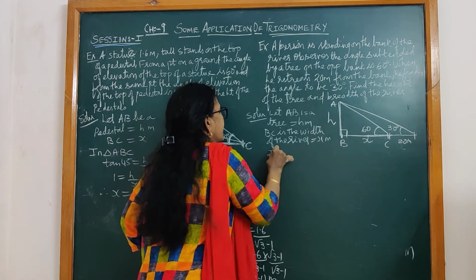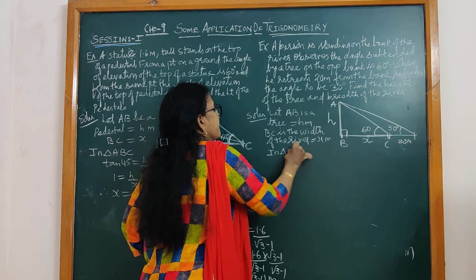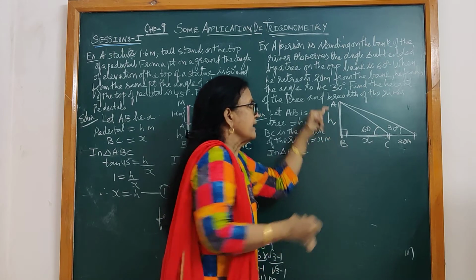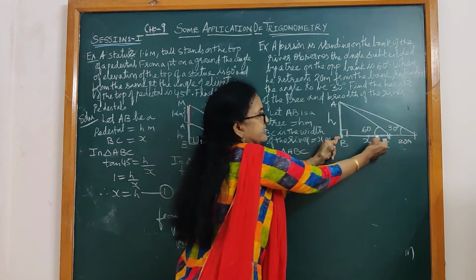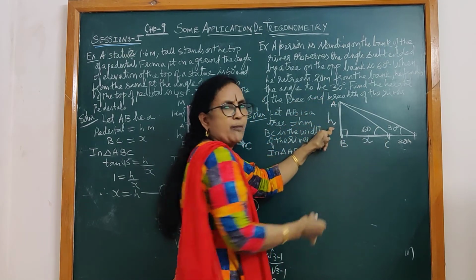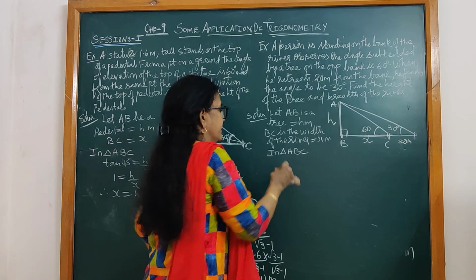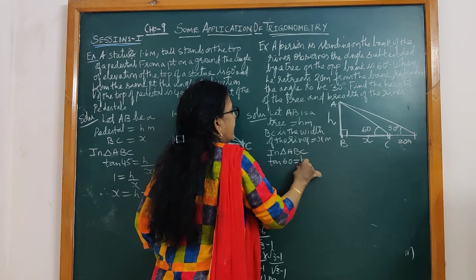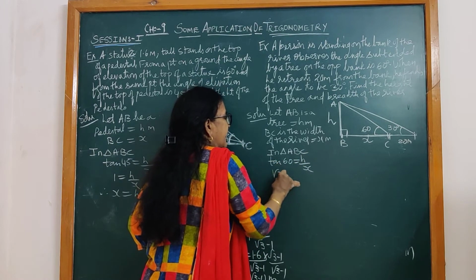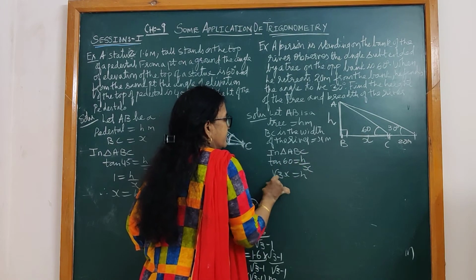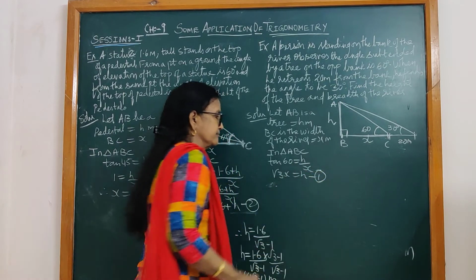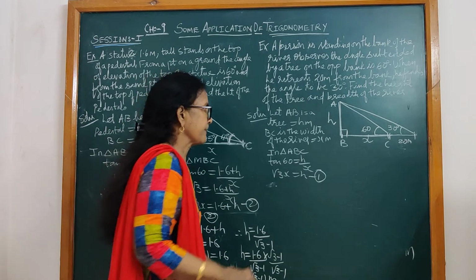In triangle ABC, you know h and this is x. So opposite upon adjacent is tan. Tan 60 is equal to h upon x. Root 3x is equal to h. Therefore, you can take this as 1. You can keep it as equation 1.